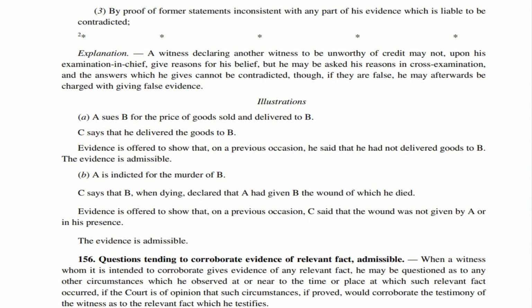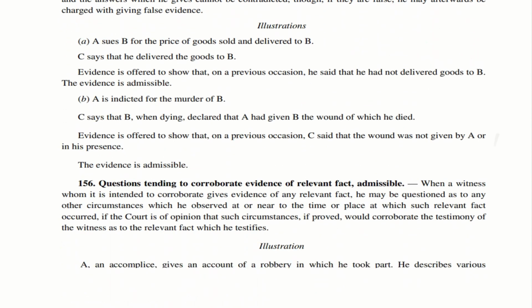But on a previous occasion, maybe when police investigated, or in the previous cross-examination, I told the court or the police or the investigating officer that A did not cause the wound and this wound was not caused in his presence. Then in that case, the evidence is considered to be admissible. This is section 155.